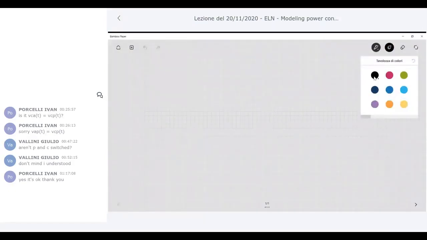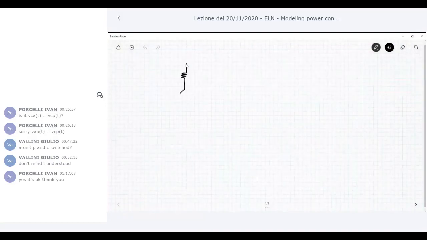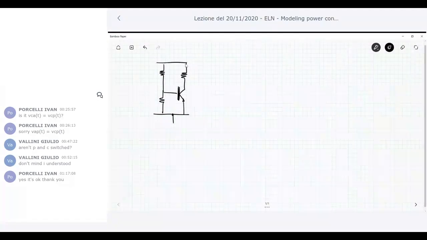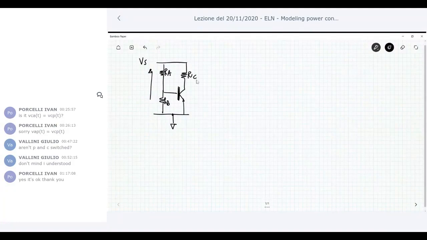So if you have, I don't know, a circuit like this one, in which you have a bipolar transistor, and then you have a biasing circuit like this, and then you have RA, RB, and RC like this, okay?